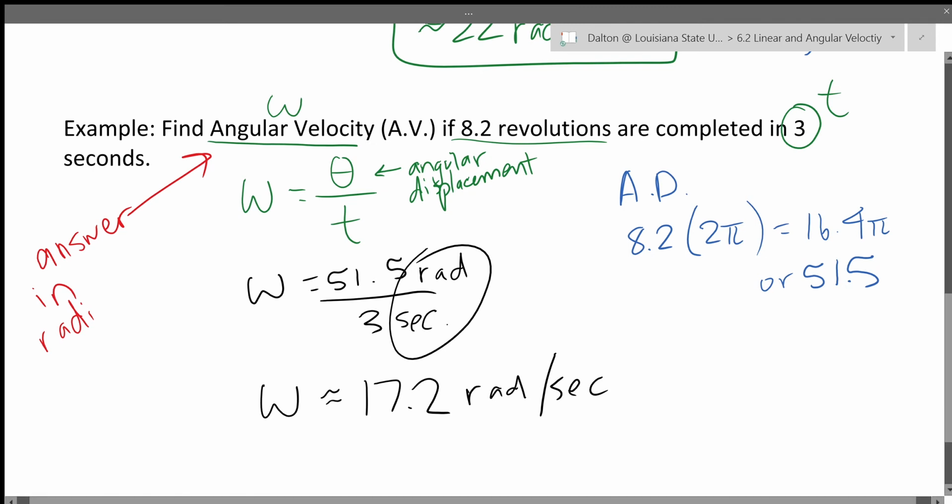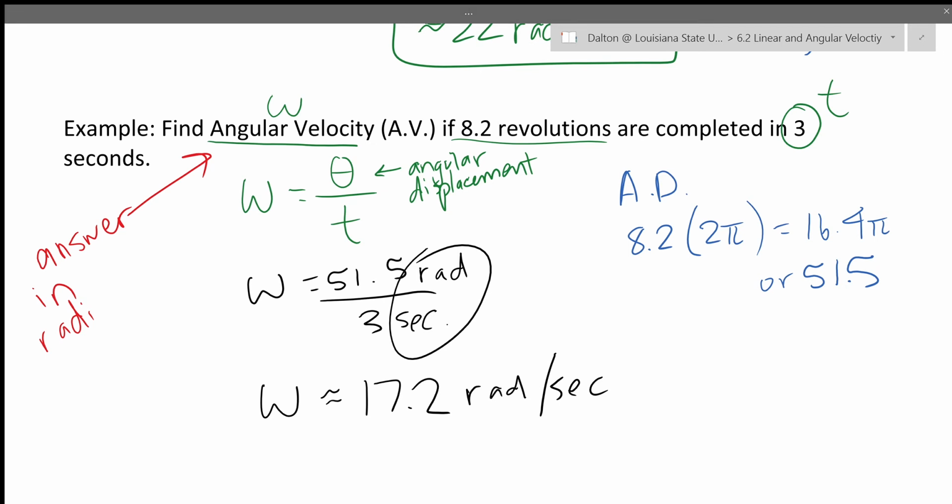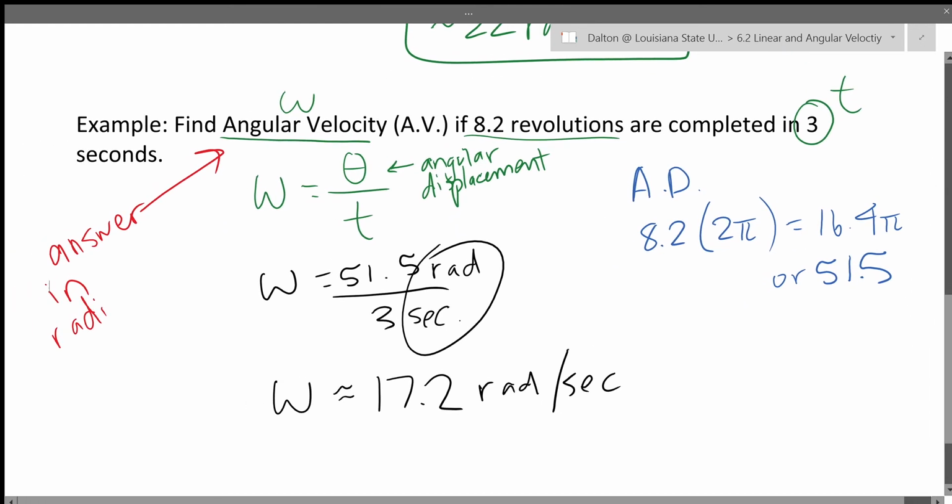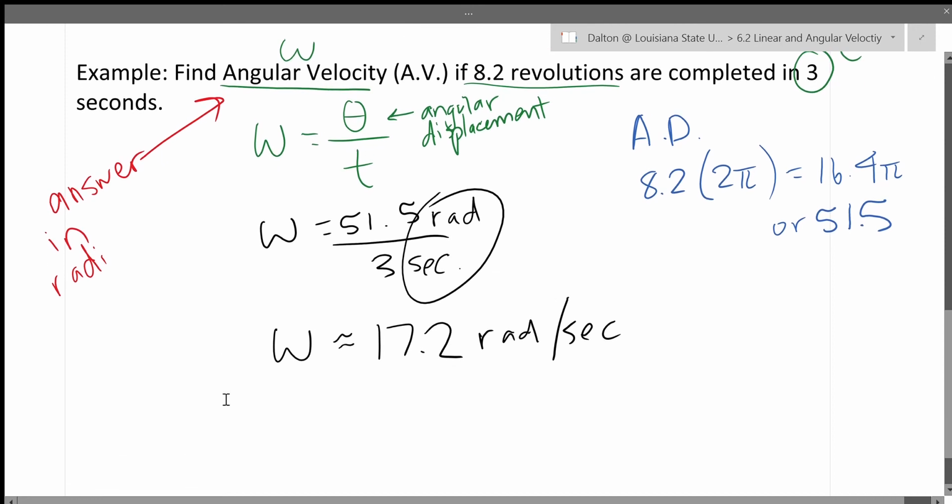Of course, it's not writing right now. All right, you get what I'm trying to write though. Radians per time, whether that time be minutes or seconds. Okay, so that is angular velocity.